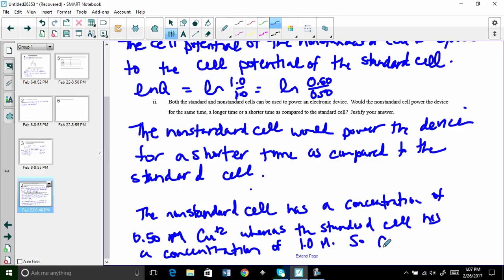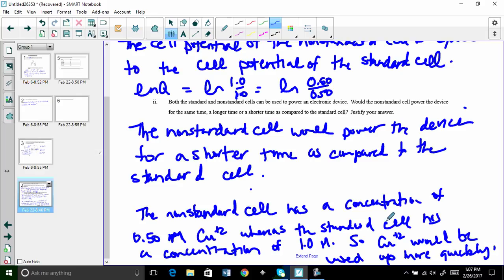So Cu2+ would be used up quicker, I would say, because they're interested in the time. So the non-standard cell would be used up more quickly, let's just say.